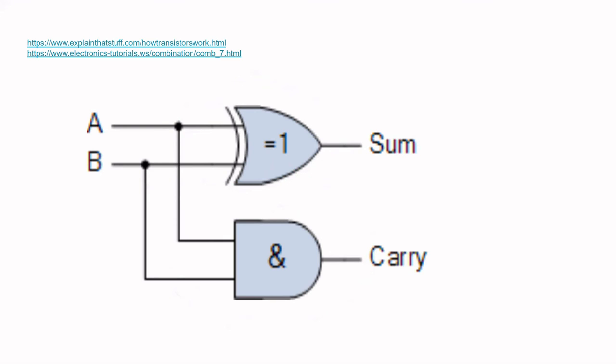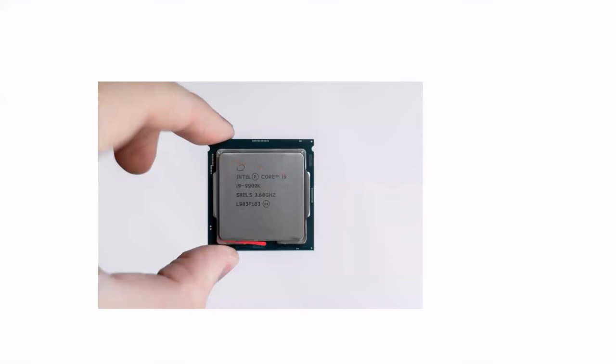Now, do you know this is a modern central processing unit? Do you know how many transistors are there inside this computer chip? It is several billions. Yes, you heard it right. There are more than 4, 5, 6 billion transistors in this tiny computer chip.